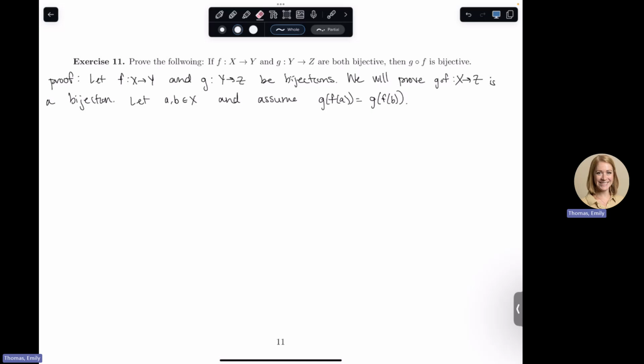Because f of a, if you use the function on the inside, that took it to... If f of x is equal to y, that means that they would have to be.